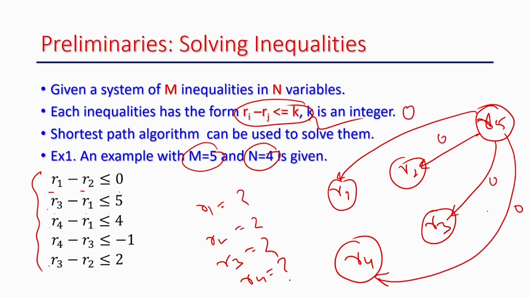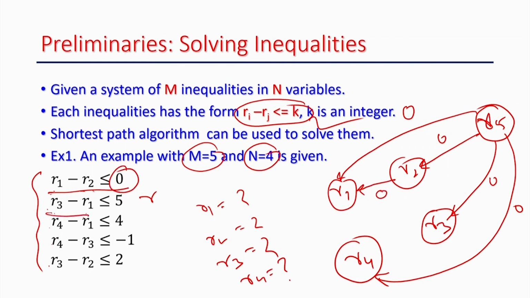And for each inequality of this form, say from Rj to Ri, I add an edge from Rj to Ri with the weight of the constant.